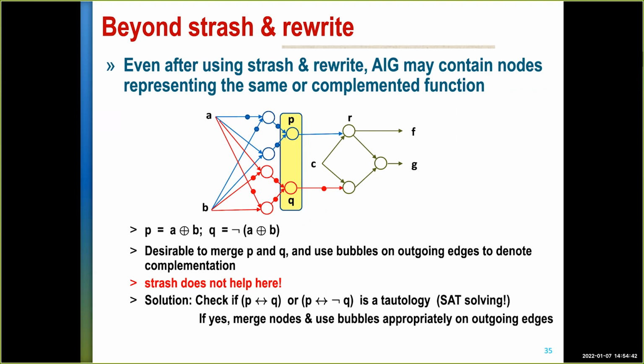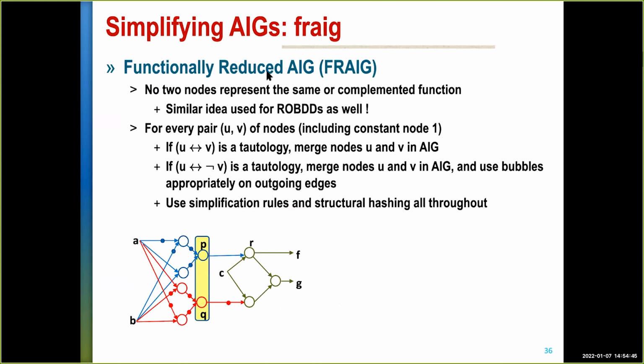So this is what is called a functionally reduced AIG, also called FRAG. This operation, functionally reducing the AIG, is called FRAG. What is done is that you do not want two nodes to represent the same or complemented function. So for every pair U, V of nodes, including the constant node 1, remember there is no zero node because 0 is obtained by complementing 1, you check if this is a tautology and you check if this is a tautology.